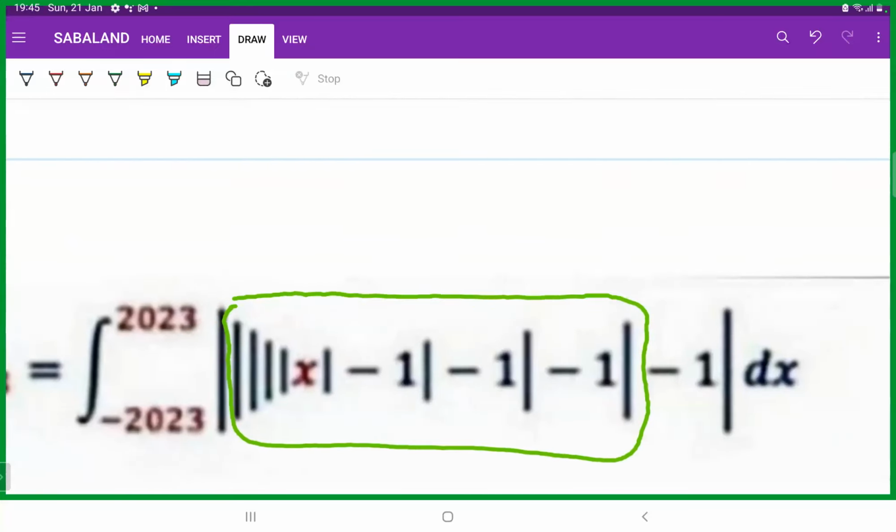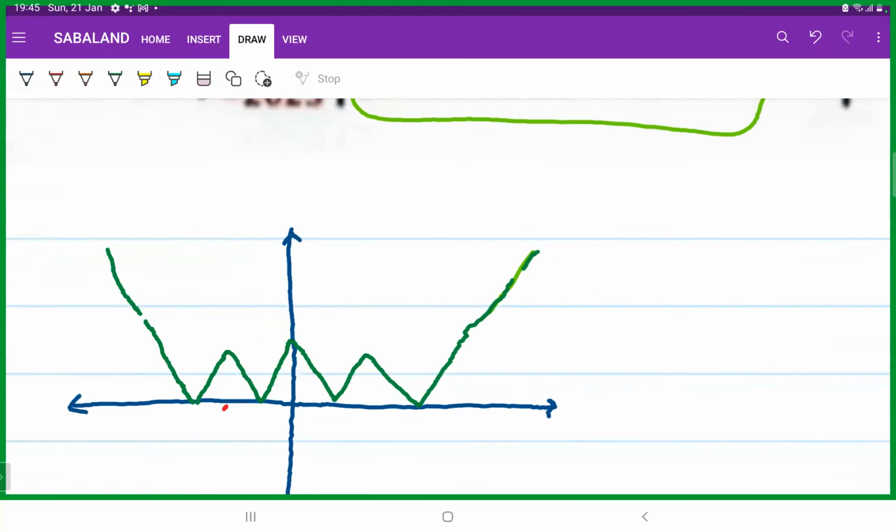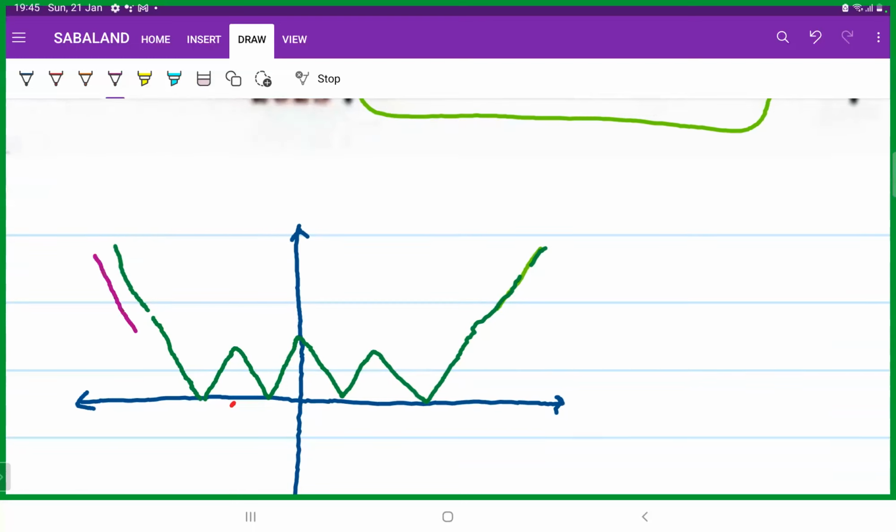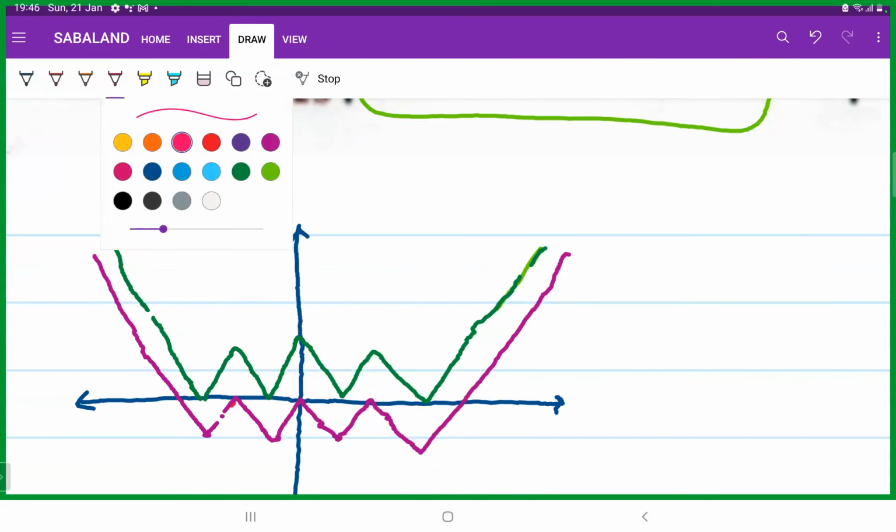Now we will come to the next block, which is again -1. So for drawing -1, okay, and now when we once again apply mod, the mod will look something like this.